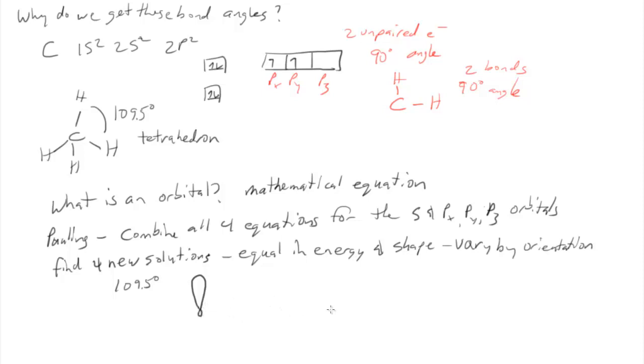So if I only look at the major lobes and ignore the little small ones, what I end up seeing is something like this for carbon, where there are 4 major lobes and 109.5 degree angles from each other. And so, since we combined 1 s orbital and 3 p orbitals to make them, these are 4 sp3 hybrid orbitals.